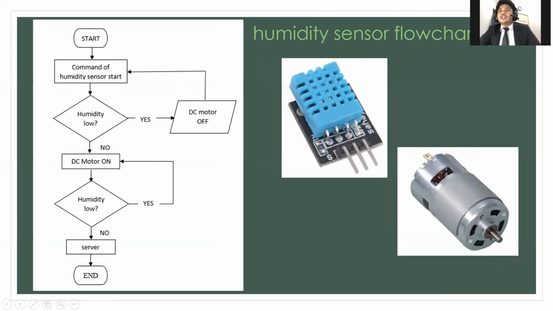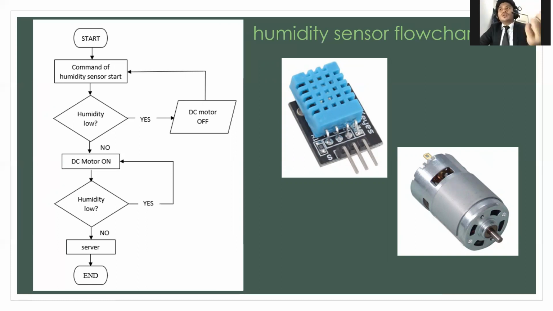Next, for the humidity sensor flowchart, this flowchart focuses on the processing of the type of sensor called a humidity sensor. This sensor works to measure the rate of humidity present in an area. As in this project, it measures the humidity inside the greenhouse. If the humidity sensor finds a very low humidity below the predetermined level, the sensor will send a signal to the microcontroller to activate the DC motor and let air from the outside in and stabilize the humidity inside the greenhouse.